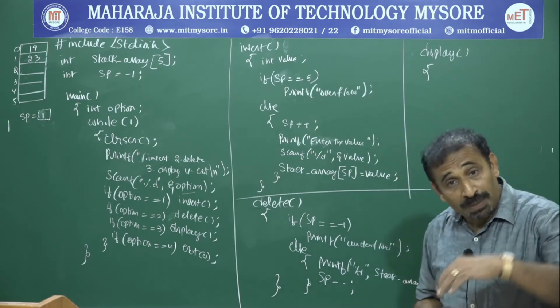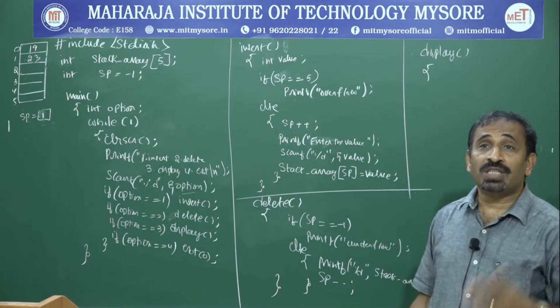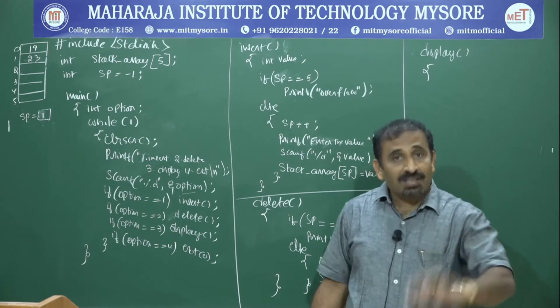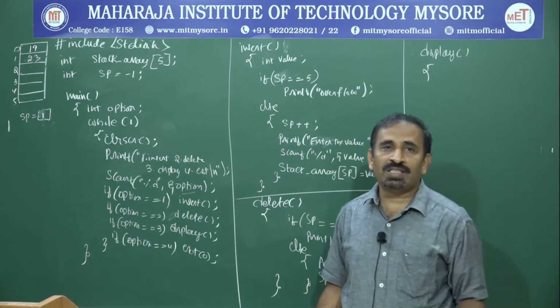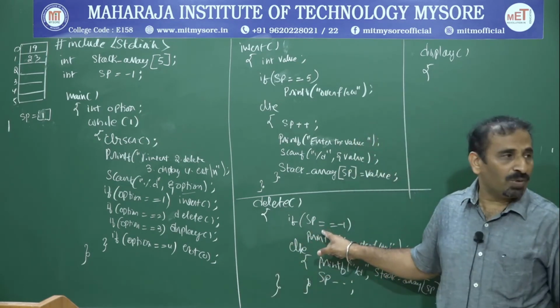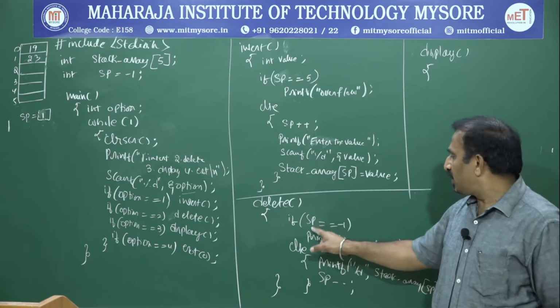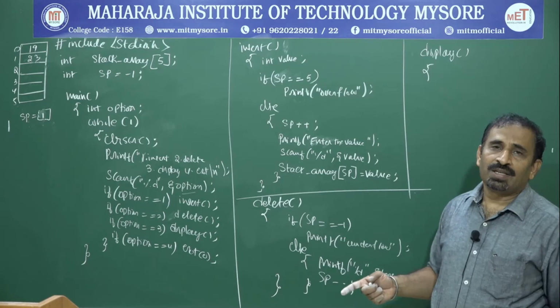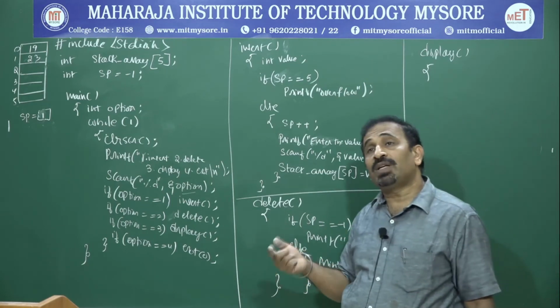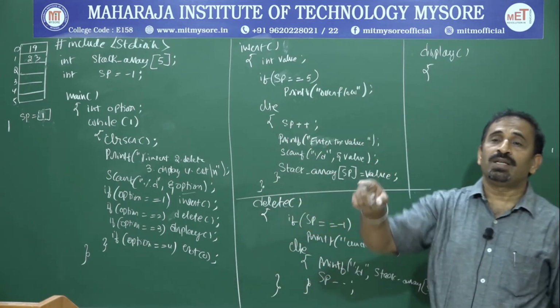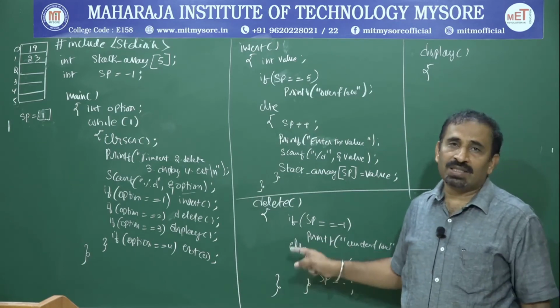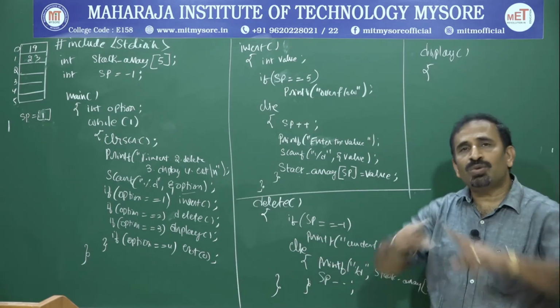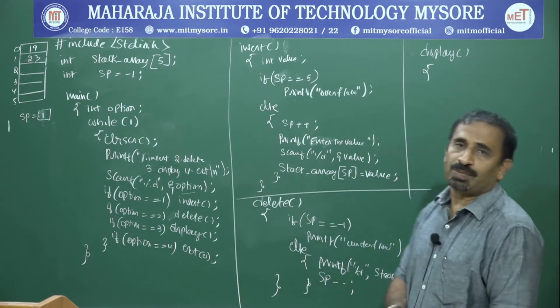But to print any elements, you have to check whether there are some elements. How to check? We already know this. If stack pointer equals -1, no elements are there. If stack pointer is not equal to -1, there are some elements, and those are to be displayed.